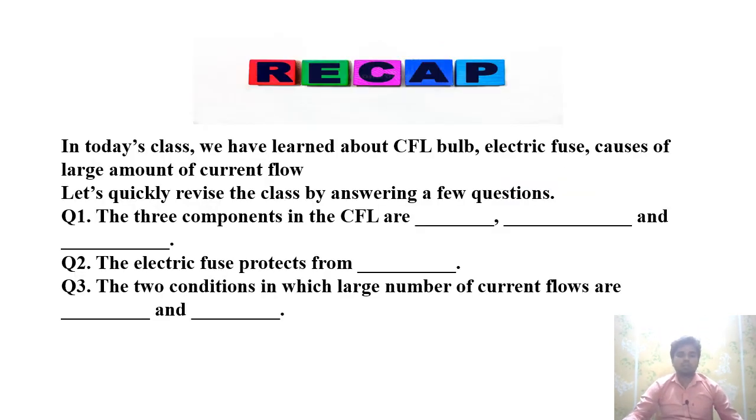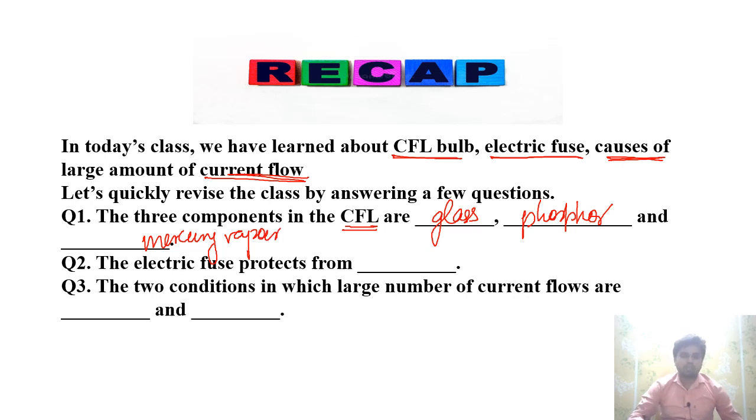So students, we have learned about CFL, electric fuse, and causes of large amount of current flow. So you have to tell me the answer. The three components of CFL are, first glass, second phosphor, and the last one mercury vapor.